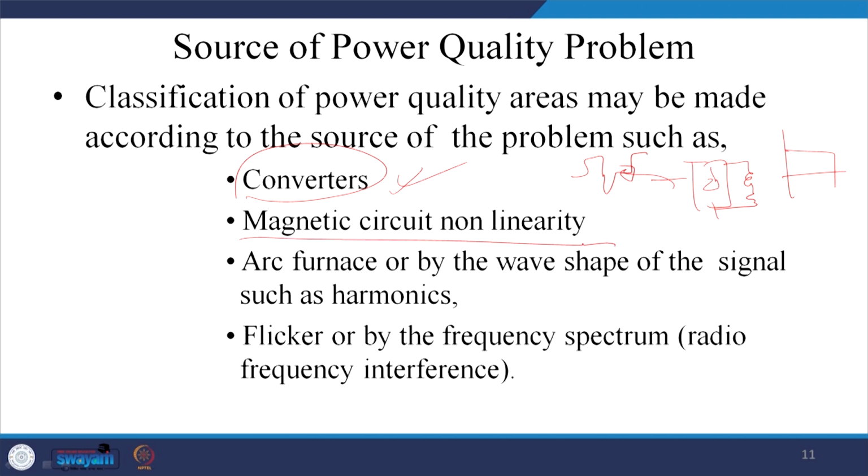Magnetic circuit nonlinearity. A transformer works on the principle of demagnetizing of the flux. If current enters this point, then current will leave at this point. If the load is very high, then in the BH curve it will be close to saturation, because this region is the linear region of the BH curve and thereafter it goes to saturation.